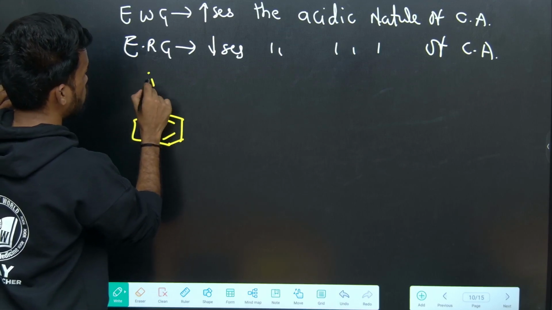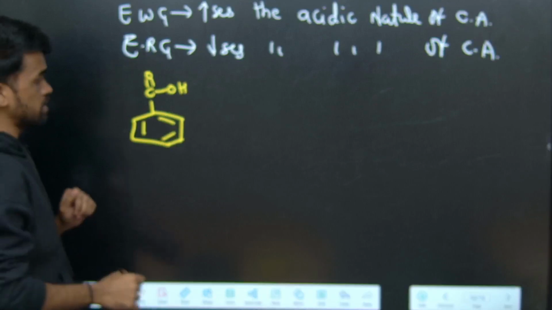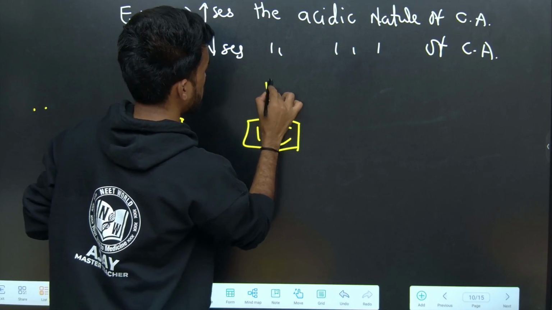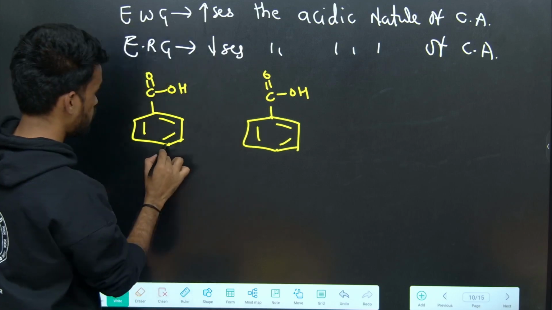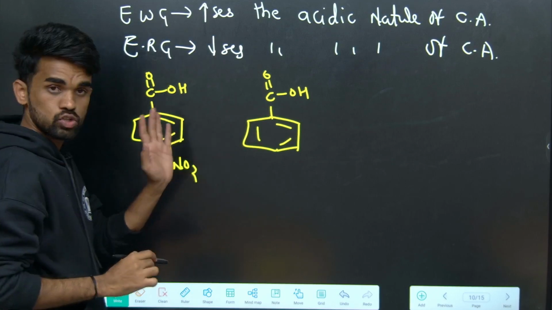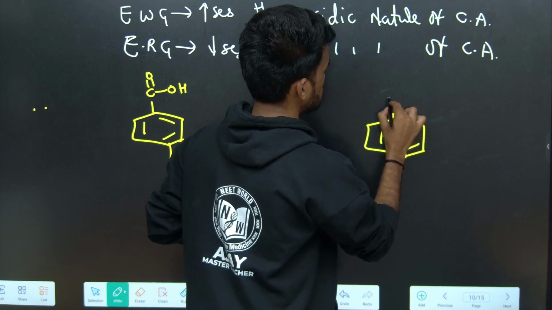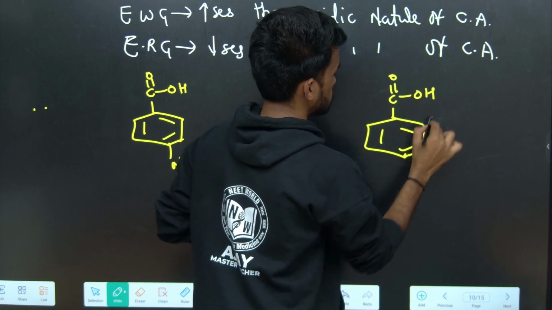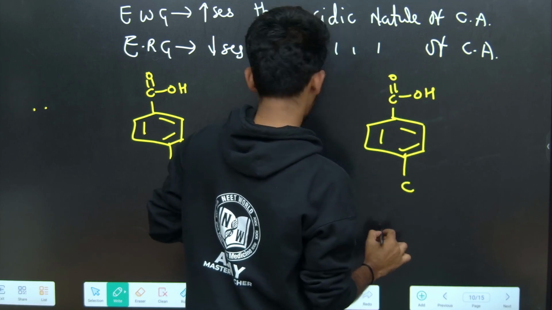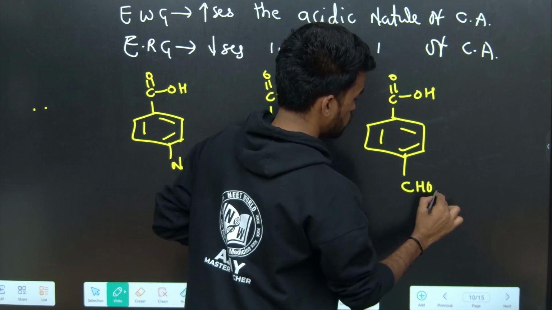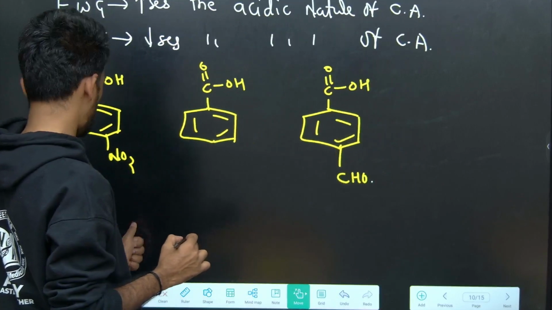Here I have a carboxylic acid like this, and the second option will be where I am inserting a nitro group, here there is no group, and here we have some aldehyde group, and let us take one more option too.